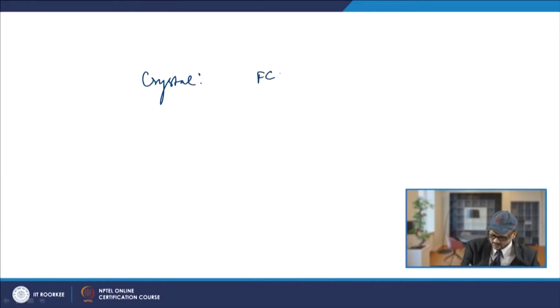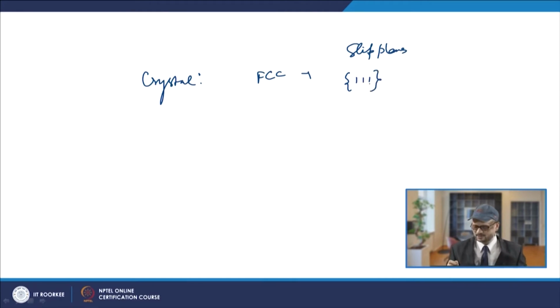Basically, if you talk about a slip system, take an FCC crystal. In that case you have slip planes of {1 1 1}, and similarly a slip direction, that is <1 1 0>.